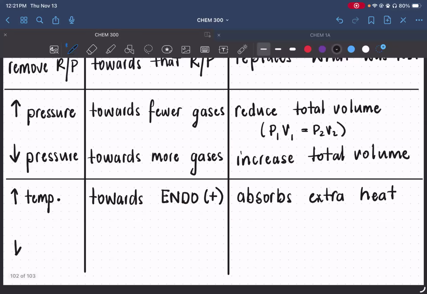We can also decrease temperature. When we decrease temperature, we will instead favor the exo direction, where exo is, of course, the negative energy value. That's where energy exits.